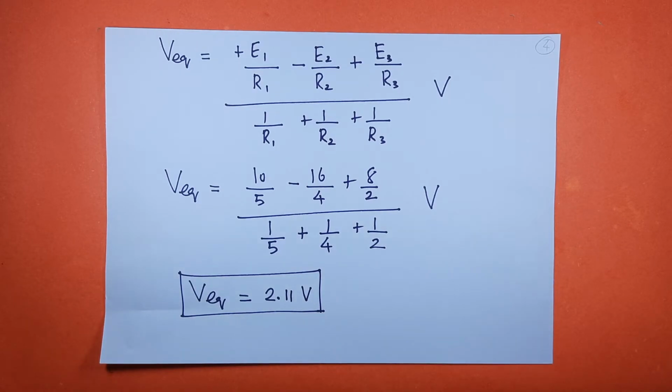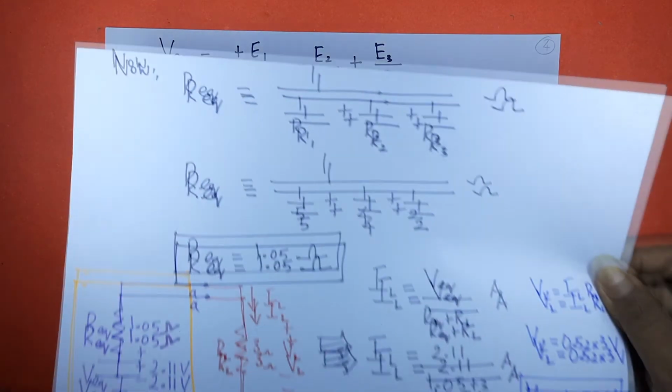Similarly, R1, R2, R3. So you get V equivalent equal to 10 by 5 minus 16 by 4 plus 8 by 2 divided by 1 by 5 plus 1 by 4 plus 1 by 2 volt. So if you calculate this, it comes around 2.11 volt. Okay.